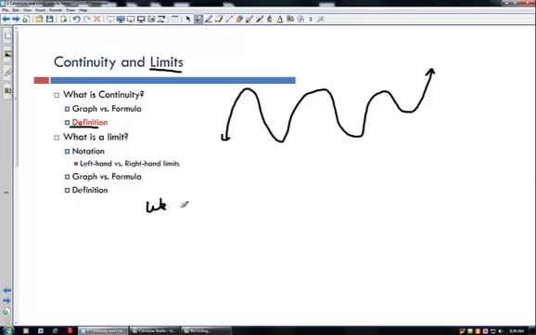So let's say we say a function, and I should probably name it. Let's name it.